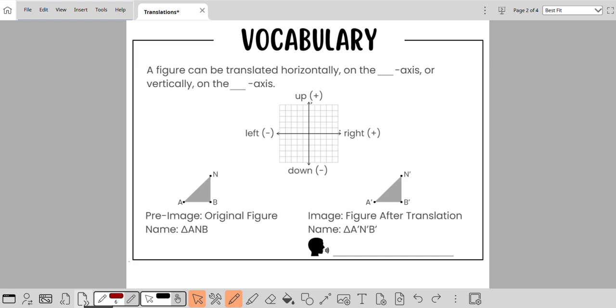We have some vocabulary to talk about. So we'd like to talk about a figure can be translated horizontally, and that means on the X axis. So horizontally means either right or left. Okay, that was supposed to be an arrow and a flat line, but didn't work out too well. Or it can move vertically, which means up or down, on the Y axis.